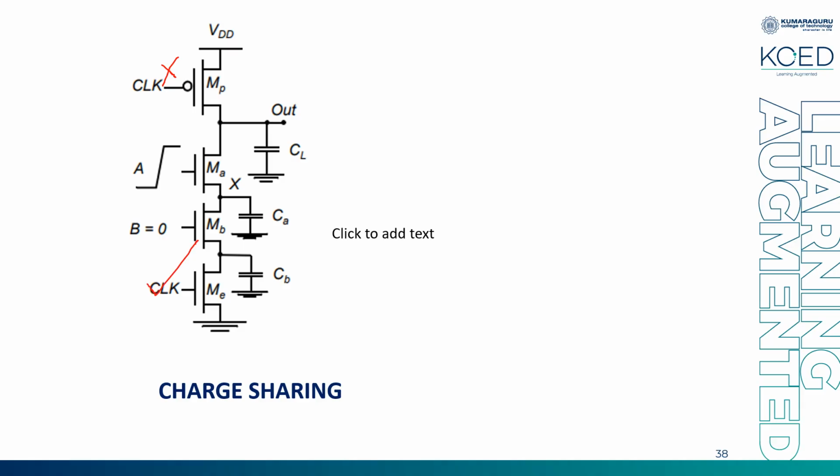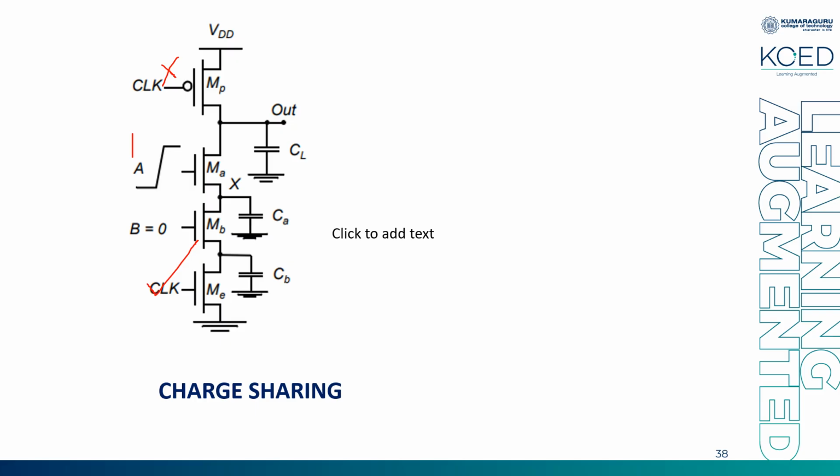In the evaluation phase I have to feed the inputs. Let me say A is equal to 1, that is a 0 to 1 transition, and B is equal to 0. My NMOS will turn on for a 1 and remain off for a 0. But my ME transistor is in on condition. So now what will happen?